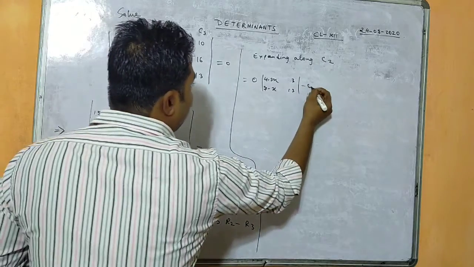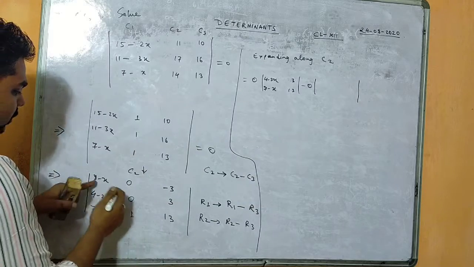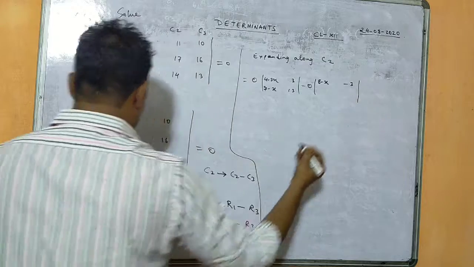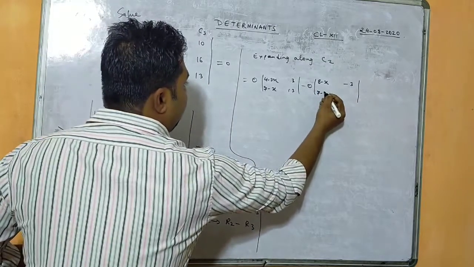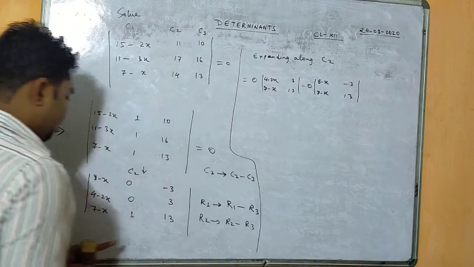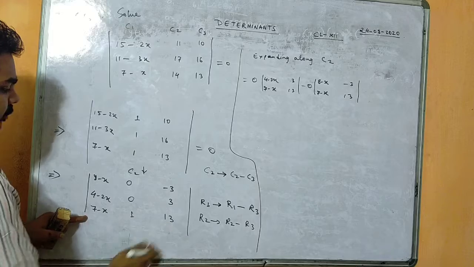Similarly minus 0 when we multiply corresponding row and corresponding column, 8 minus x, minus 3, 7 minus x, and 13, right? Corresponding row and corresponding column when you solve, we will get this 4 element.